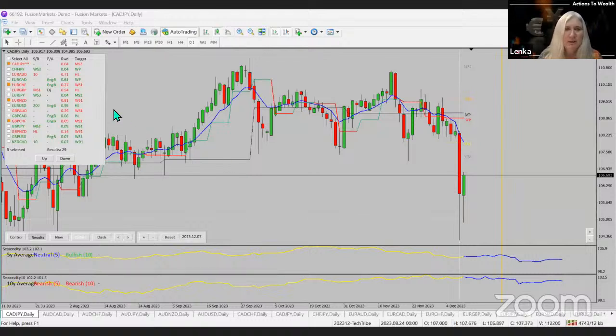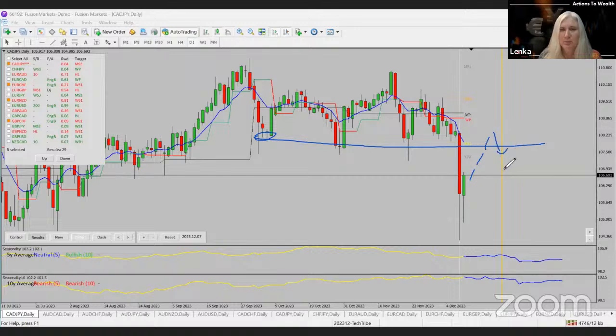So here I am looking at CAD and JPY. At the moment, price action has broken below the previous lows, which are here. So I am looking for price to come back up, do a bit of a retest of this area, and then I would be looking for short opportunities there.